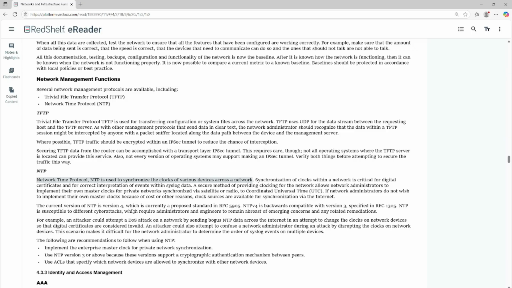So, for instance, if a persistent attacker gets into your system, changes files and then modifies the system log, you could look at the time and say, hey, this is the time of the device, it doesn't sync, somebody might have tampered with it. That's how important Network Time Protocol is.